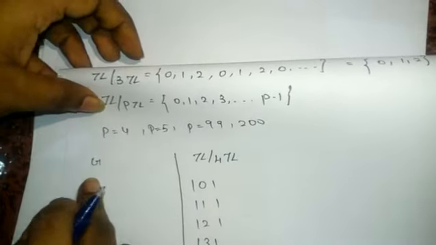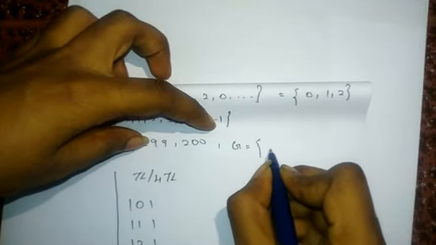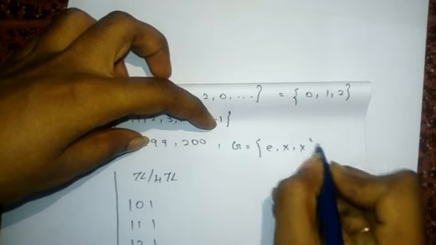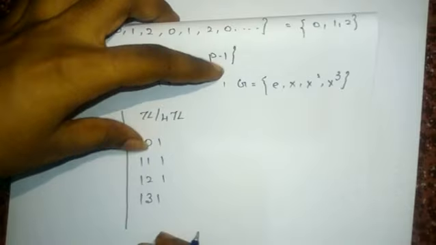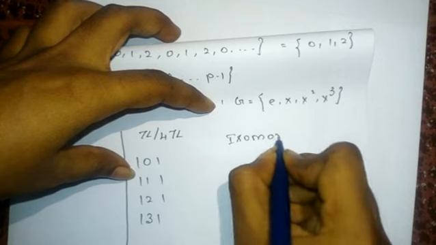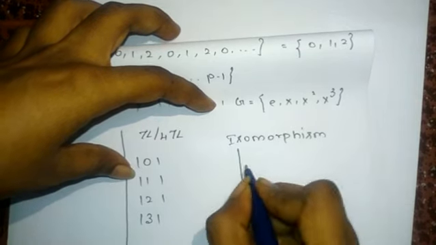And I'll take a set G right here, which is of order 4. I'll take the elements E, X, X square, X power 3. And we are going to prove that these two are isomorphic.